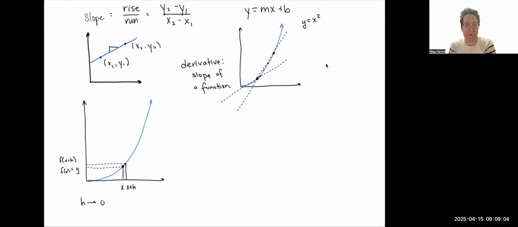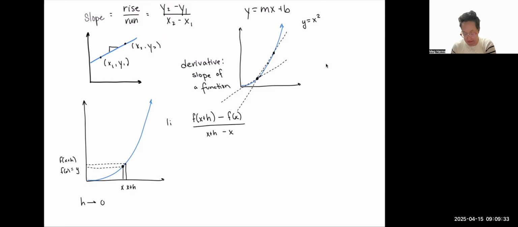If you think that sounds like we need to use a limit, you're right. So let's think about what the expression for slope would be, based on this formula up here. It would be f of x plus h minus f of x over x plus h minus x.